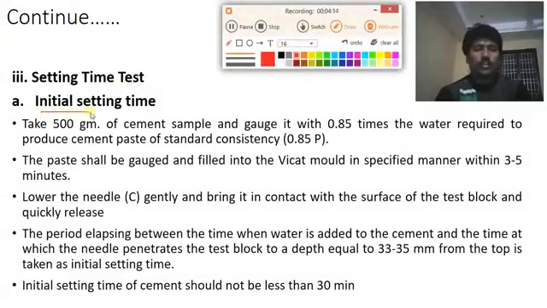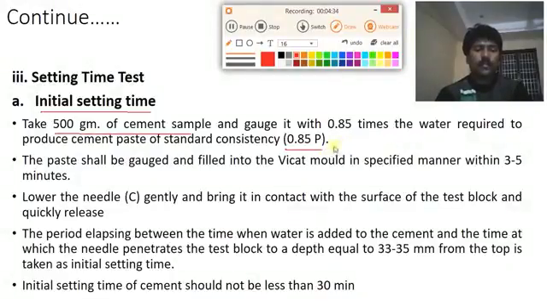So in the initial setting time, what we do is we again take 500 grams of cement and add 0.85 times the standard consistency.